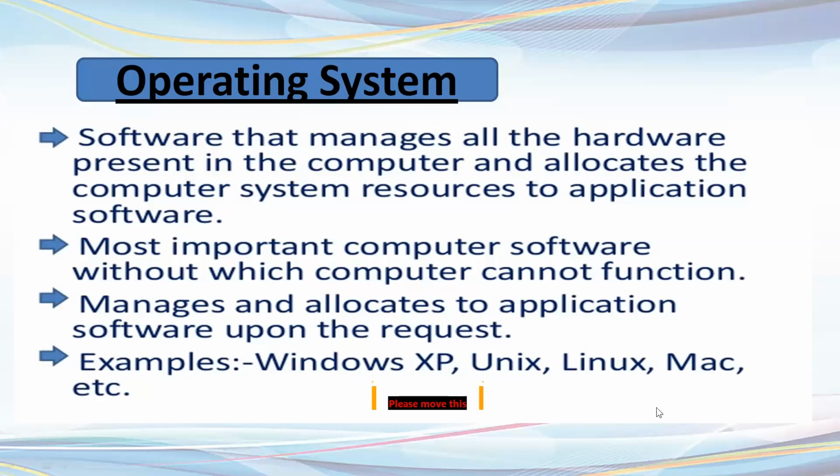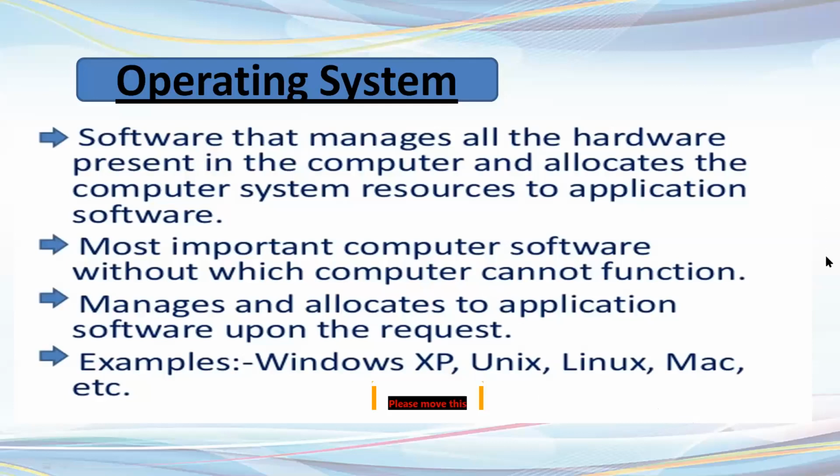If operating system is not there and you go with the printer or speaker, there is nobody to convey to that printer or speaker that the user wants to use that device. So that device will not be allocated to the user, and if the device is not allocated, you won't be able to use it. So operating system allocates all the resources that are required by the user.